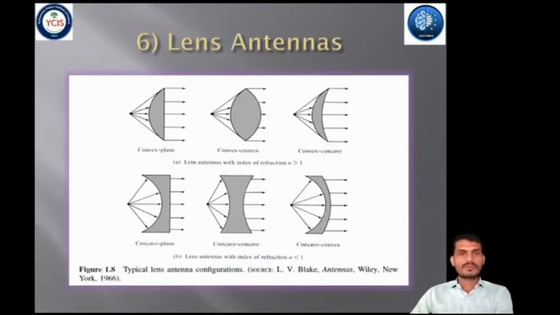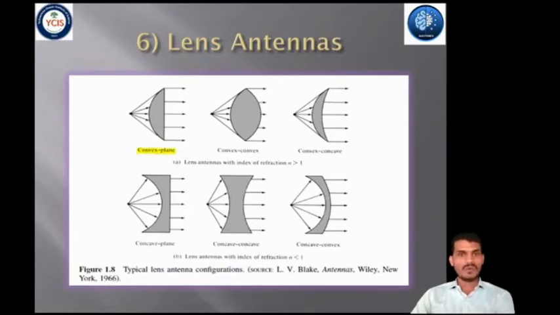Now, there are 6 different lens antennas in which first one is convex plane antenna.